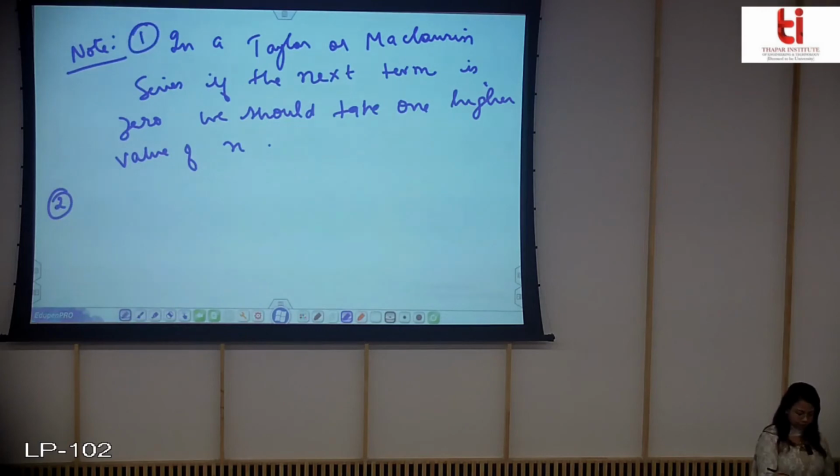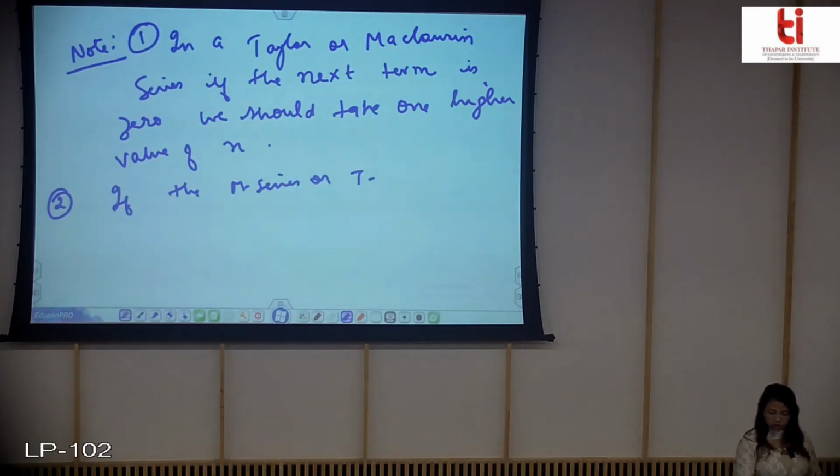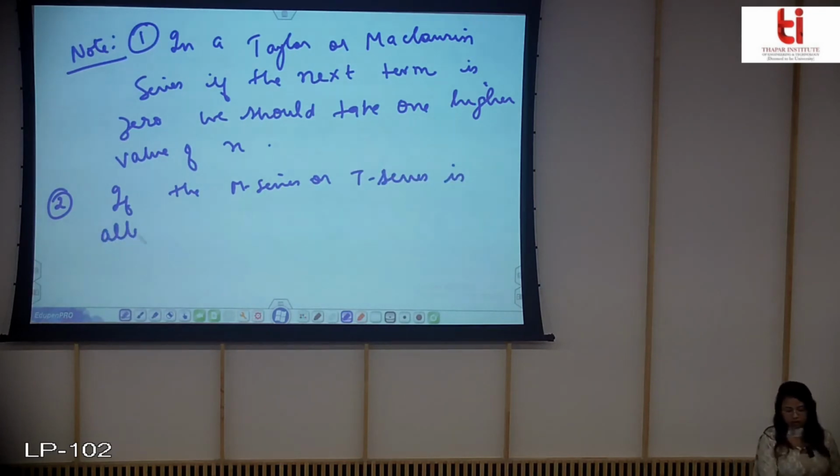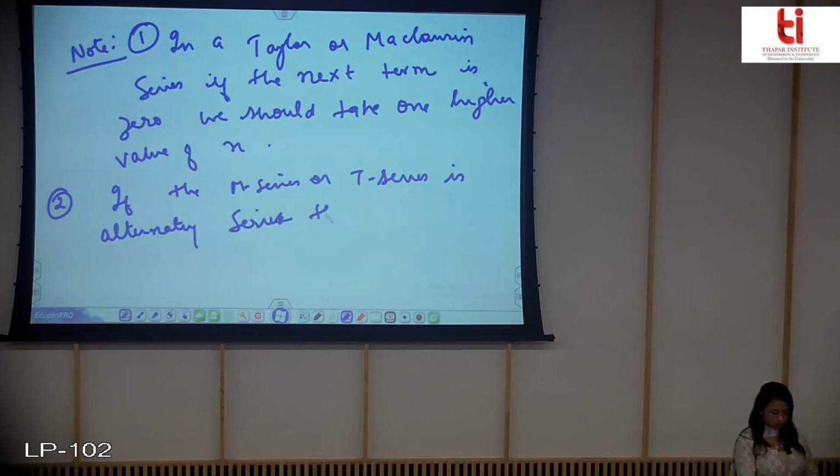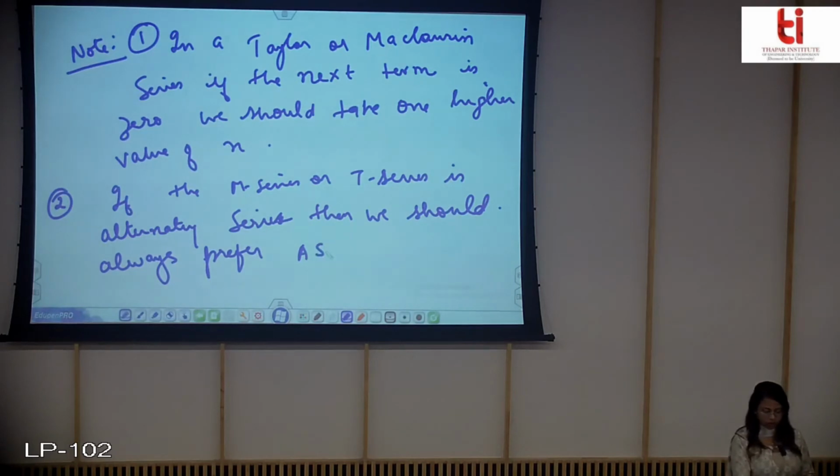And secondly, if the Maclaurin or Taylor series is an alternating series, then we should always prefer the alternating series estimation theorem instead of RET. You can write instead of RET.